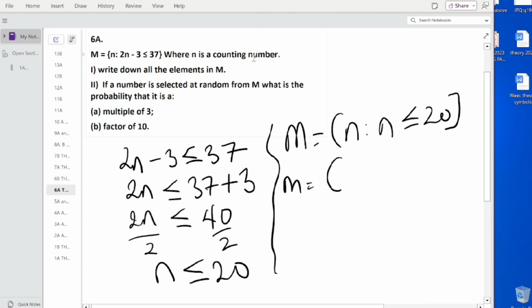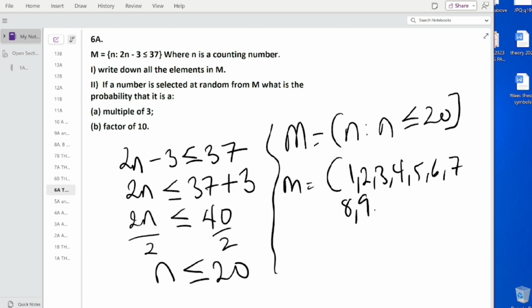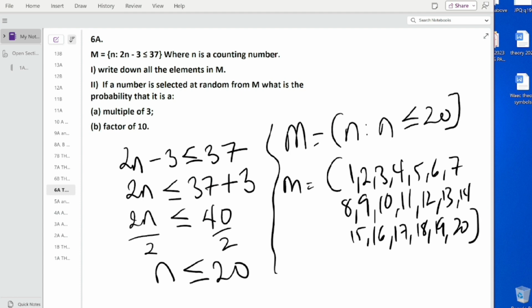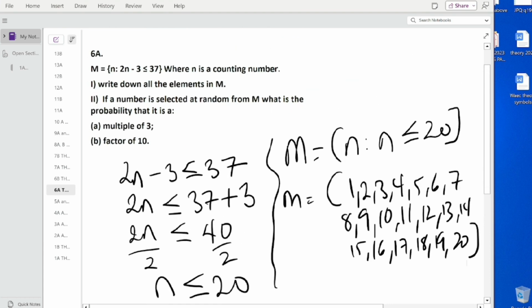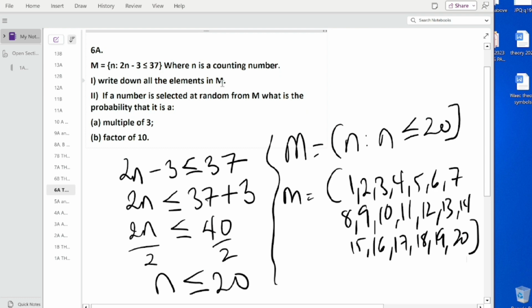So we mean positive whole numbers, like 1, 2, 3, 4, 5, 6, 7, 8, 9, 10, 11, 12, 13, 14, 15, 16, 17, 18, 19, 20. These are all values for M. So the total outcome is 20. The second question says, write down all the elements of M. That's the first question. All the elements of M are 1 to 20.